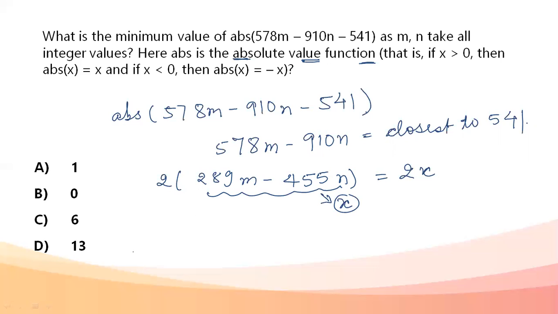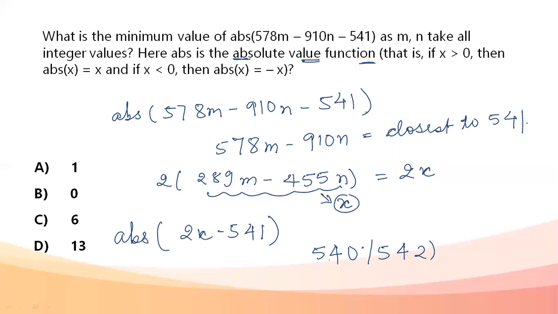Now what you have to find is the absolute value of 2x minus 541. The multiple of 2 that is closest to 541, no need for doing any calculation, I know it is 540. The question now reduces to, either I can take it as 540 or I can take it as 542. The answer is going to be the same in both cases.